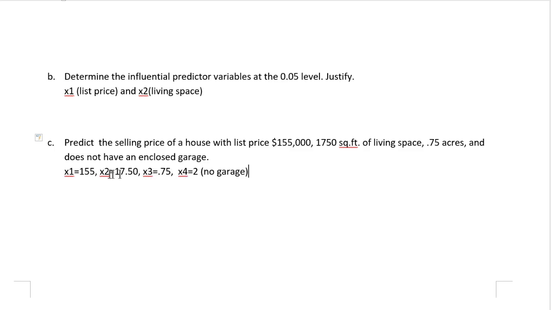Acres, okay. So these are the values that we have to plug in. However, if we don't have the regression equation, we don't know where to plug in, so we have to write down the regression equation. So let's do that. Regression equation is b0 plus b1 x1 plus b2 x2 plus b3 x3.